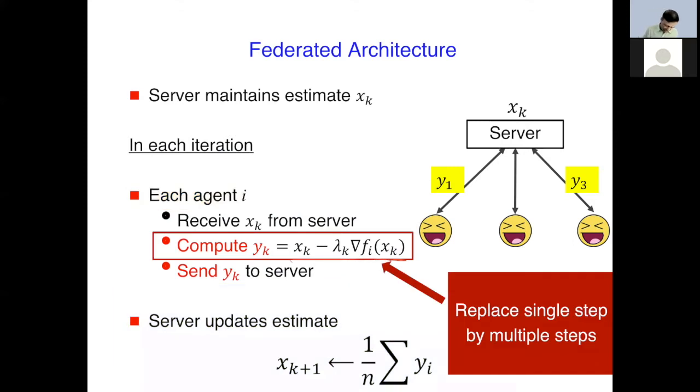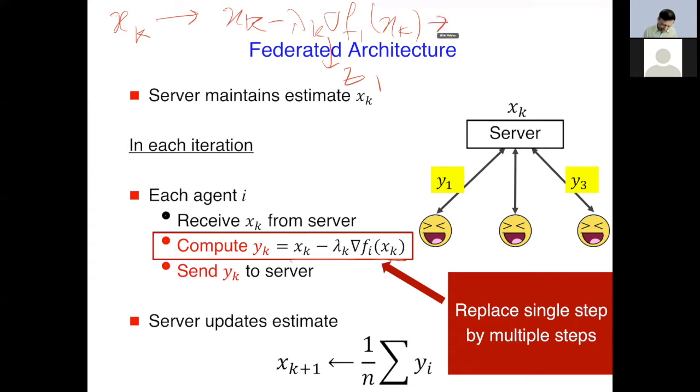Suppose you are agent one, then you would receive xk from the server, then you would compute xk minus lambda k gradient of f1 at xk. Let's call this value z1 for future reference. So that's one step of this gradient descent algorithm performed at agent one.